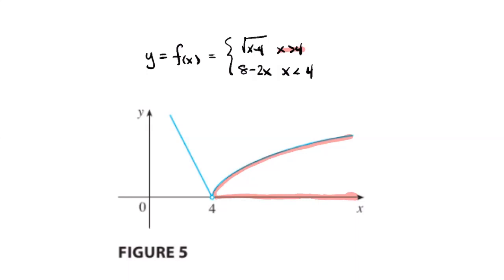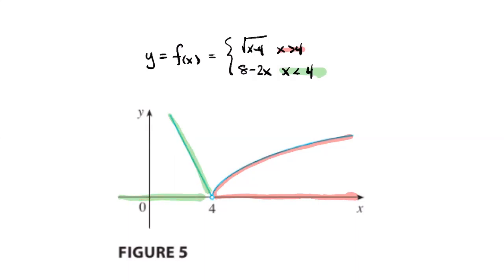If we do the same thing, looking at limits, the values of x that are less than 4 are to the left of it. So if we're coming in on that side, the corresponding part of the graph is this guy. So again, as x approaches 4 from the left, look at the tip of the laser pointer. What's happening to the corresponding y coordinates? Well, they're also approaching 0.